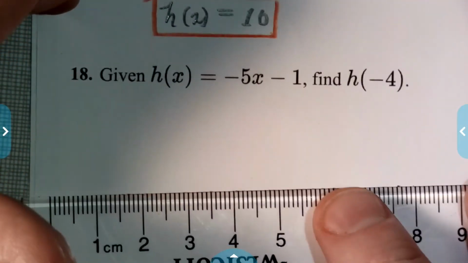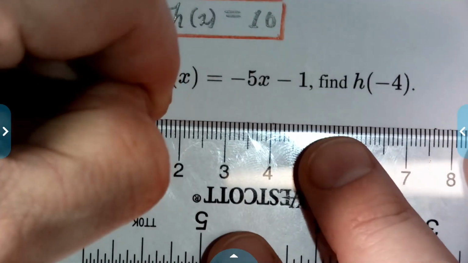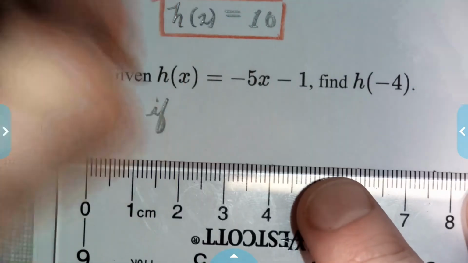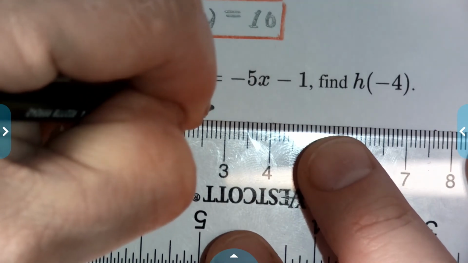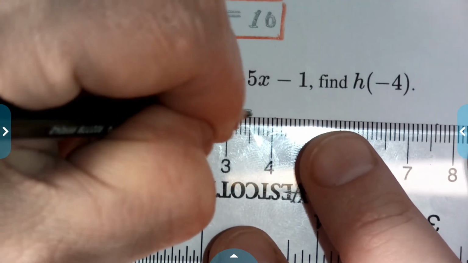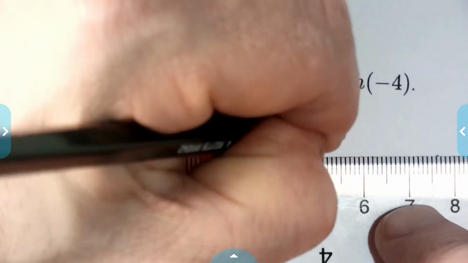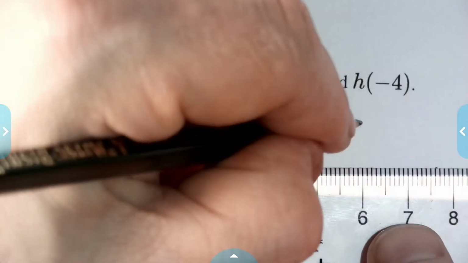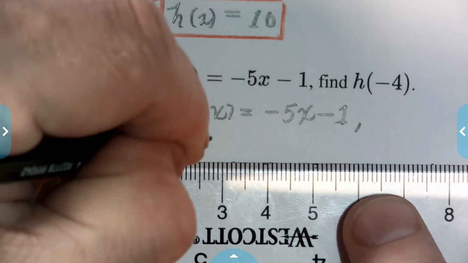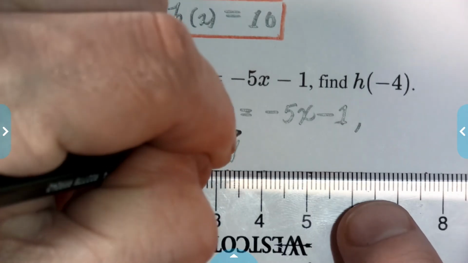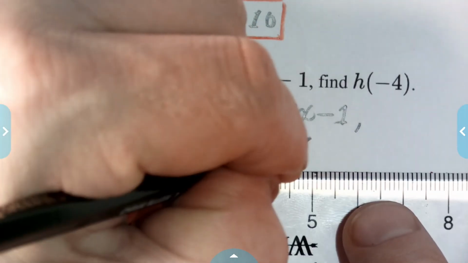So here we say, if it's the case that h of x equals negative 5x minus 1, then h of negative 4 equals negative 5, open parentheses, negative 4, close parentheses, minus 1.